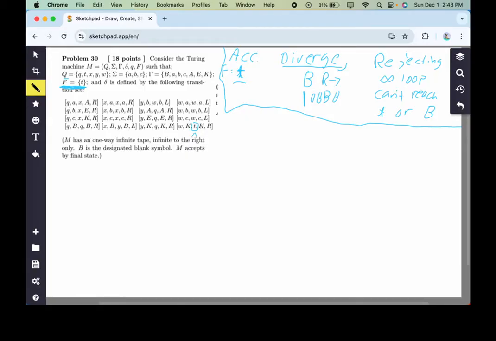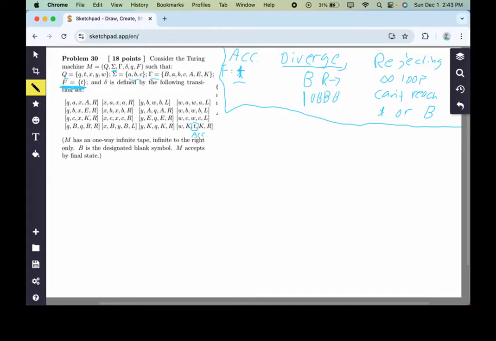This is the goal to accept. Think of it as the finish line. What else is there? Well, sigma's kind of the same. We're only ever going to be really writing characters, because this is reading, right? Reading characters that are A, B, C.